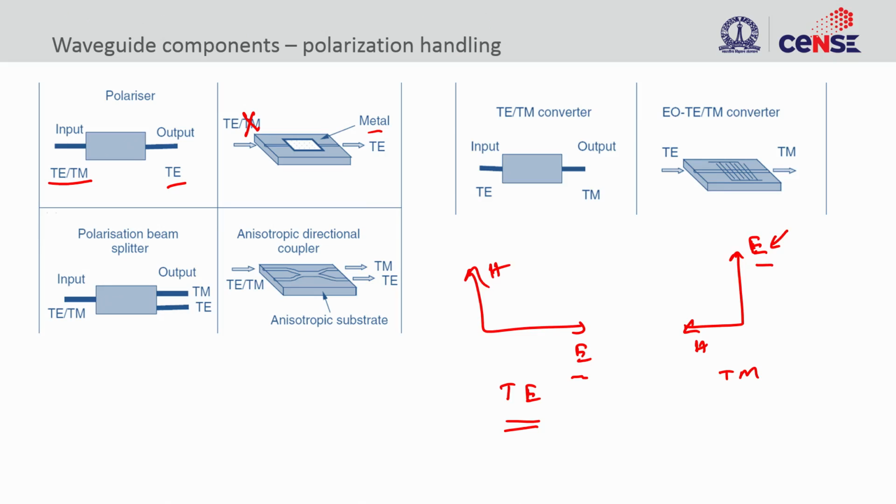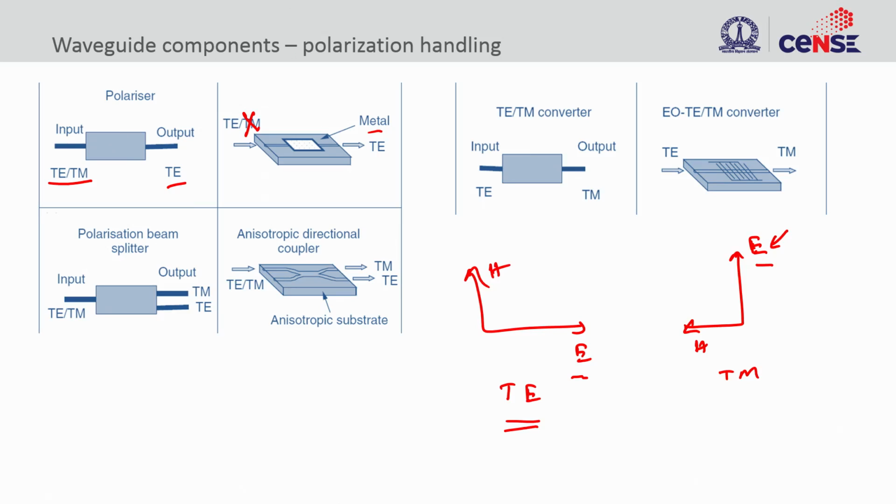Okay. When you have information both in TE and TM polarized light, you want to capture both polarizations in order to understand all the information that we have there, right. But by removing one of the polarizations, you only get half of the information, provided that both TE and TM carry 50% of the information, let us say.